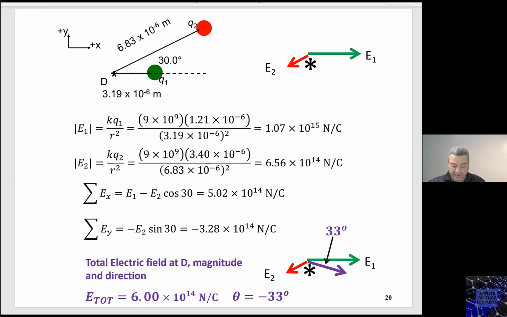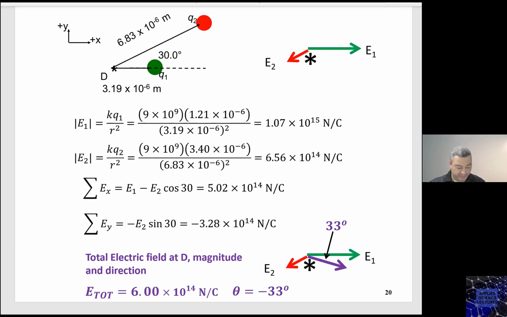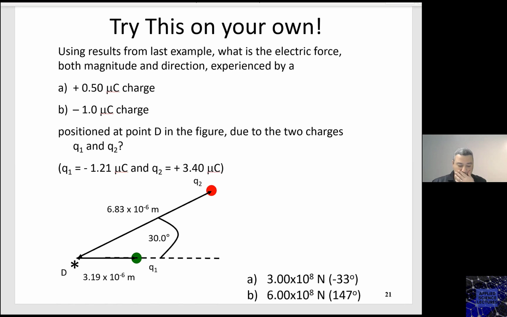Now the detailed solution is also here for you. Now you can try this on your own. This is exactly what we have done earlier. I want you to try this one on your own. The answers to A and B is here. The first question A is asking you, after you find the electric field here, if you put a positive point charge of 0.5 microcoulomb, how much would be the electric force?